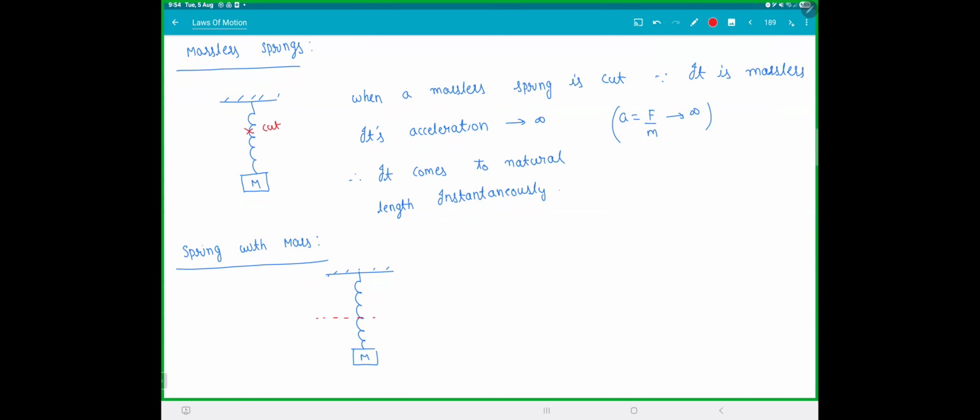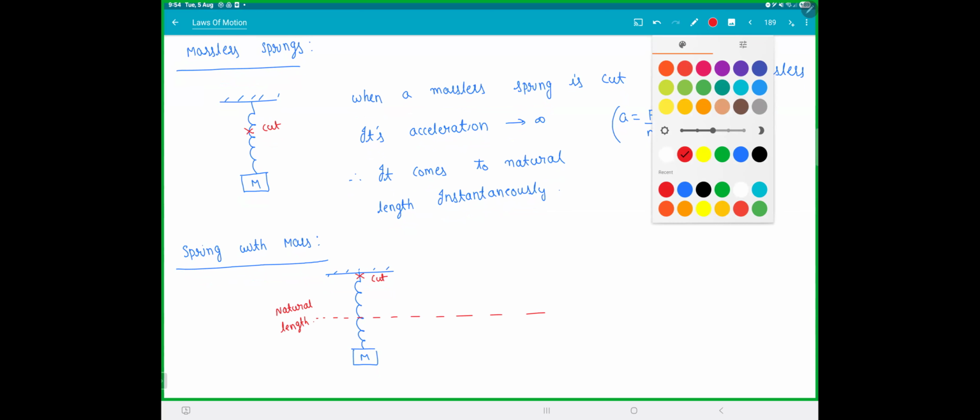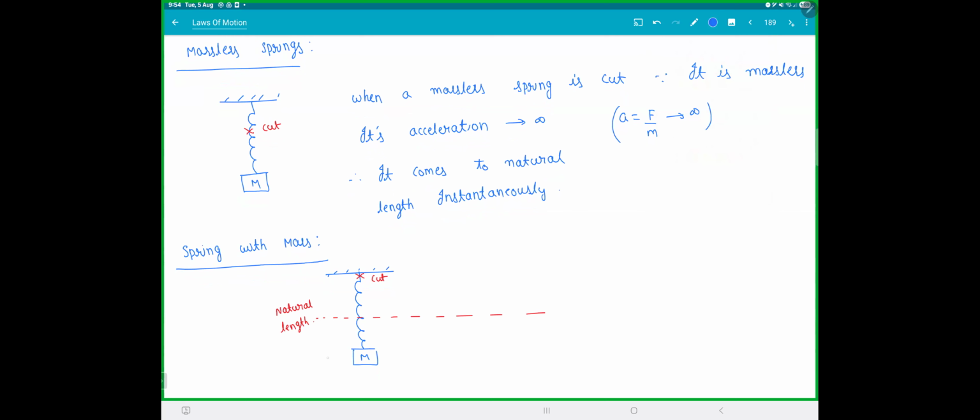Let's say this is your natural length. The moment you cut it at the top, now because the spring has some mass, there is a finite acceleration. And because there's a finite acceleration, it takes time for the spring to come. So this block will remain here.